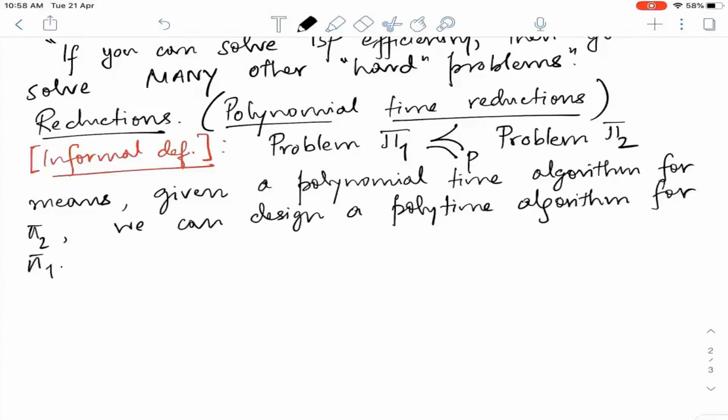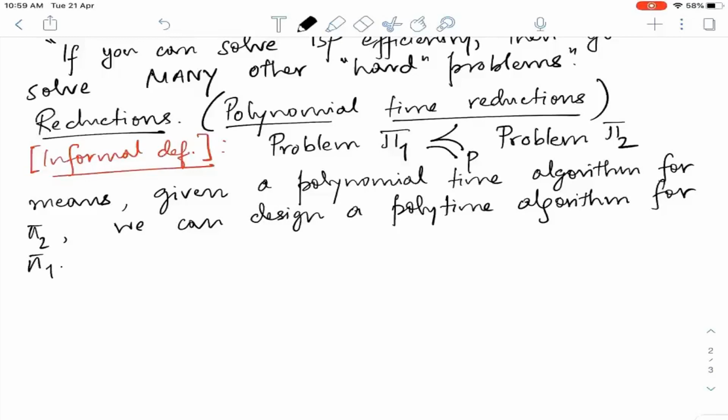Okay. So Laksha, to answer your question, this is precisely what it means. This is the definition: if you have a polynomial time algorithm to solve pi 2, and you can design a polynomial time algorithm to solve pi 1 using that algorithm, then you say that the problem pi 1 reduces to pi 2. Now, how you do that reduction depends on the problems that you are talking about. So there is no fixed recipe.